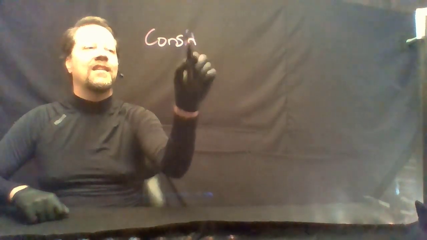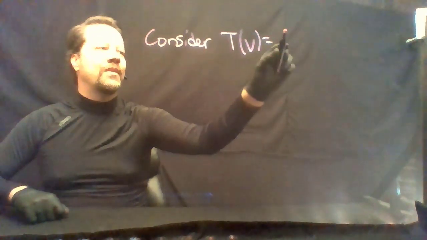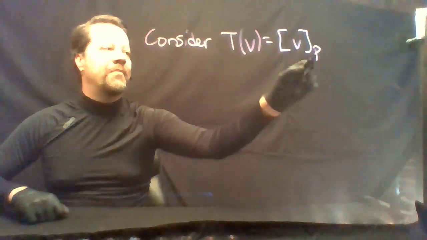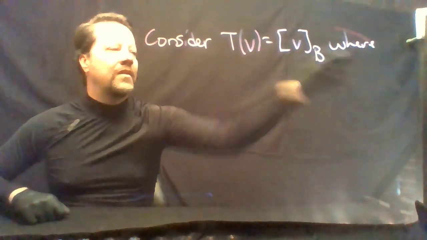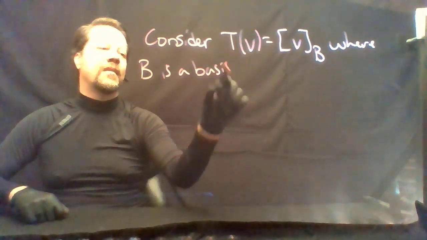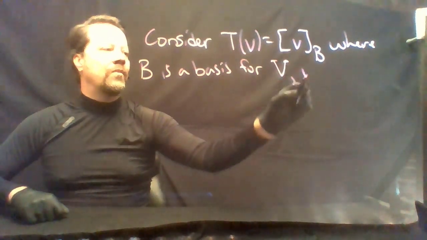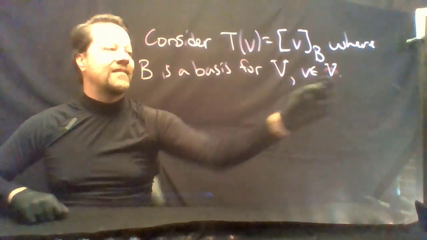Now, it turns out the representation of a vector by its coordinates is a linear transformation. Consider T of V equals the coordinates of V relative to some basis B, where B is a basis for some vector space V, where V is an element of that.